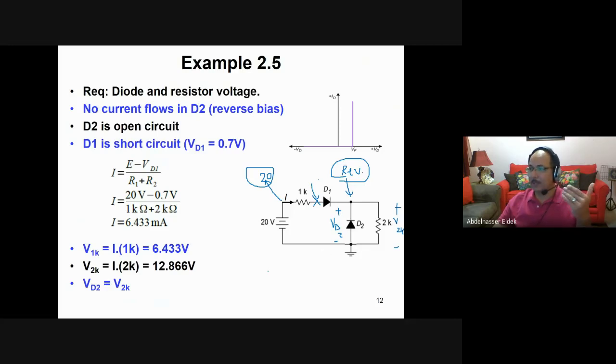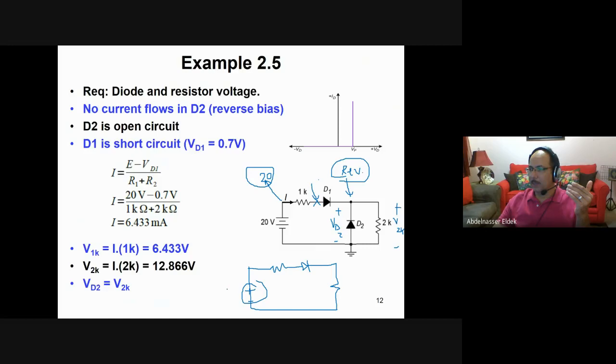So we can redraw the circuit like this. We have this one here, and you have D1. D1 is forward bias. And you have a voltage across, positive, negative.